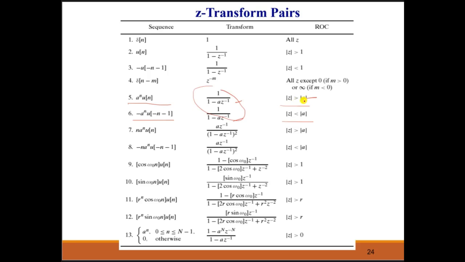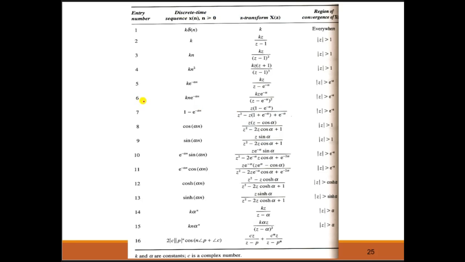Okay, so earlier the ROC was bigger than 1/2, right, so this is its sequence. Okay, alright.